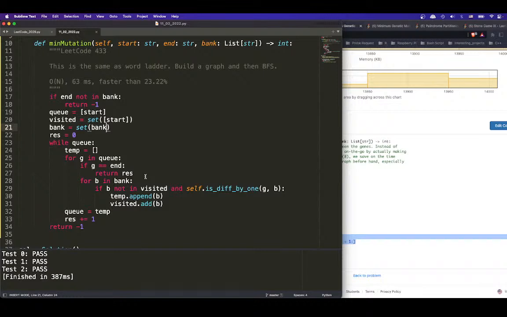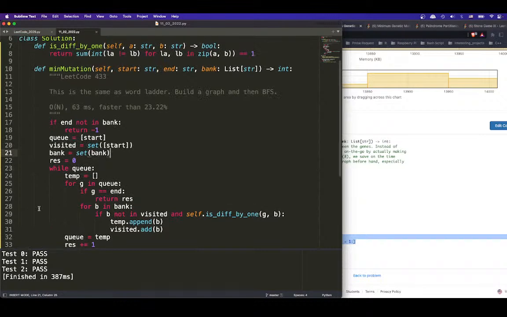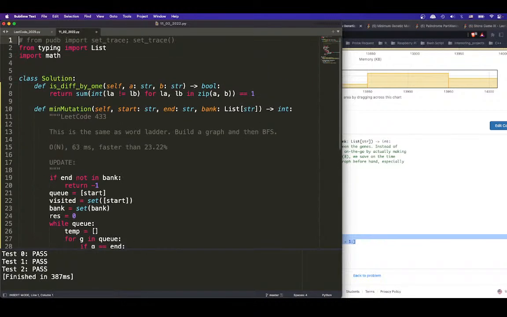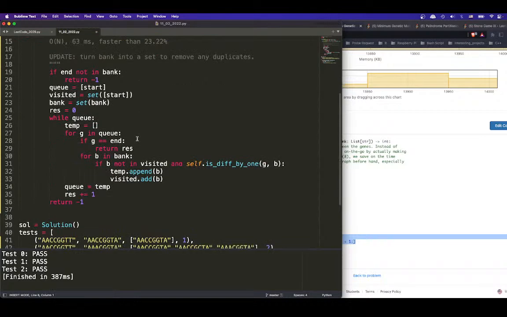Maybe what we can also do, I don't know. Turn bank into a set to remove any duplicates. Maybe.